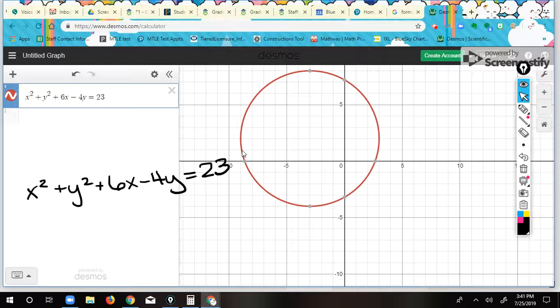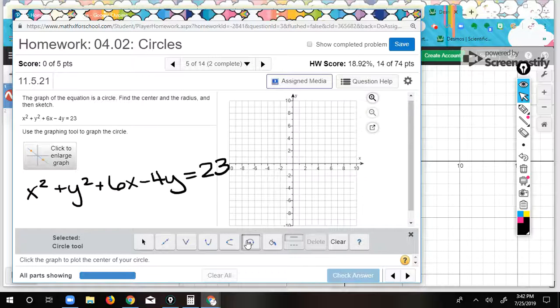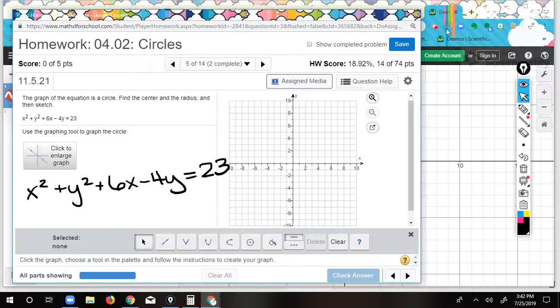Ooh, that's a good point. -9, 2, and 3, 2. Let's see if that works. So we'll go to -9. Oh no, that's going to be the center. Okay, looks like we're stuck rewriting this one.